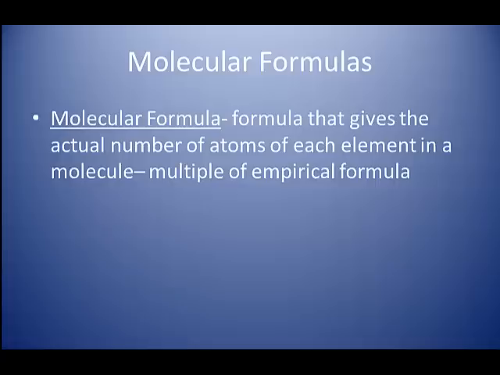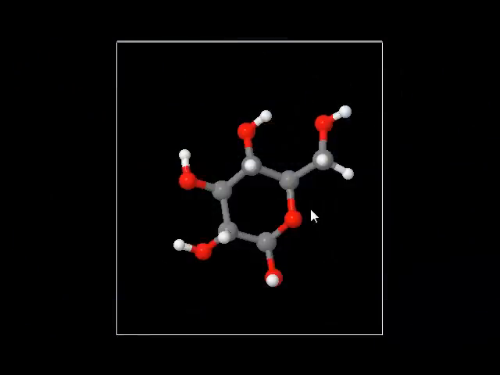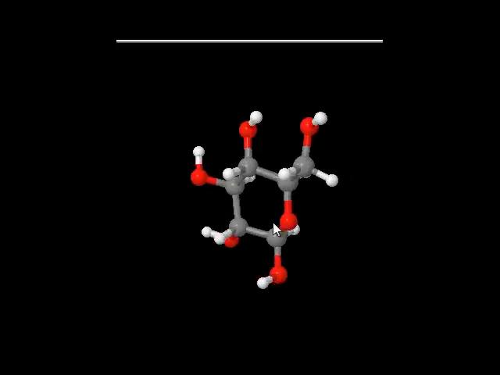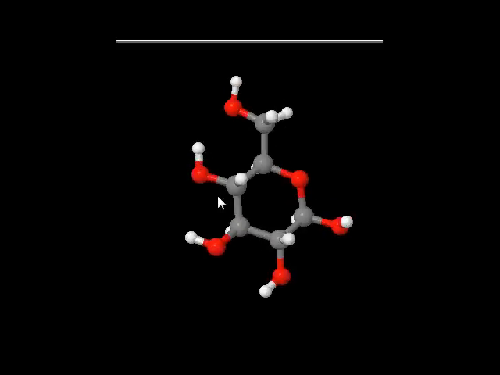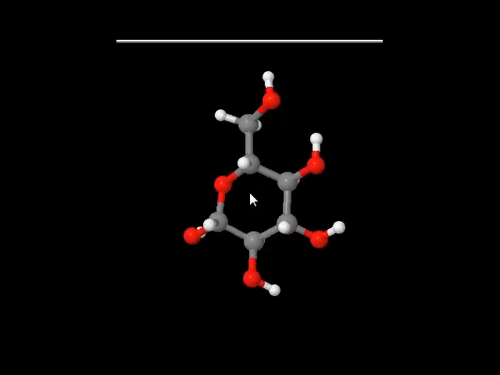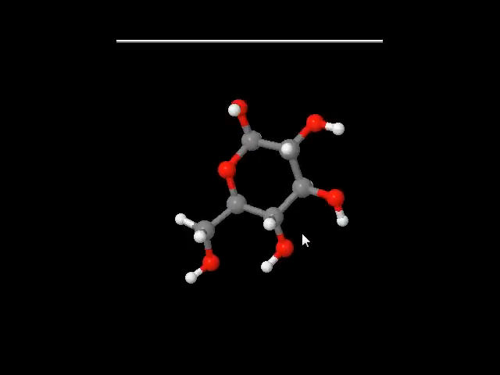For instance, what if it's glucose? Let's take a look at that now. This is a molecule of glucose. Glucose has a molecular formula of C6H12O6. So that's what the molecule looks like, C6H12O6. That'd be the molecular formula.